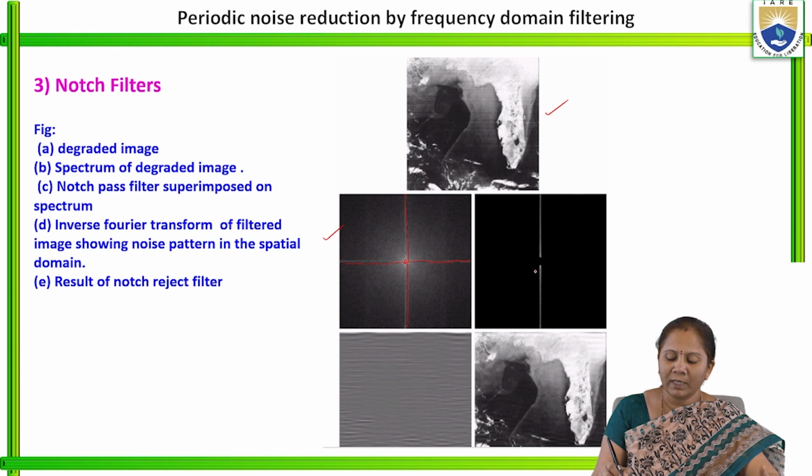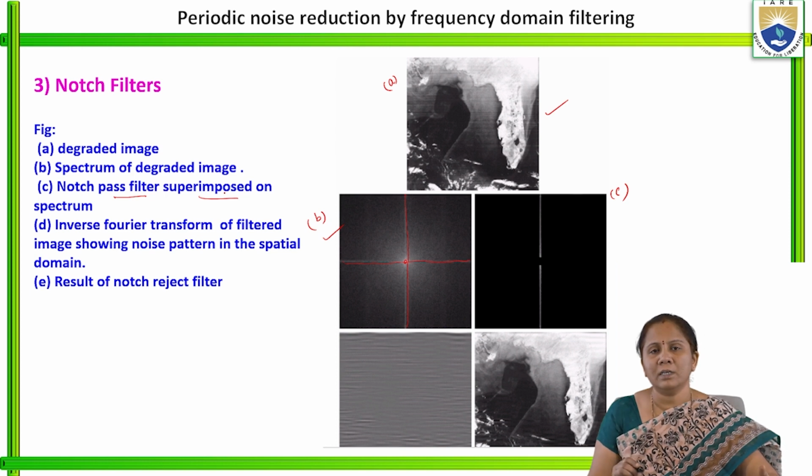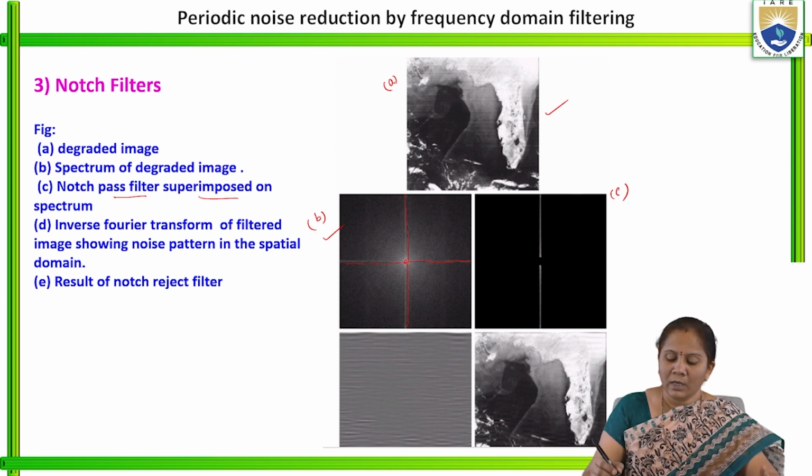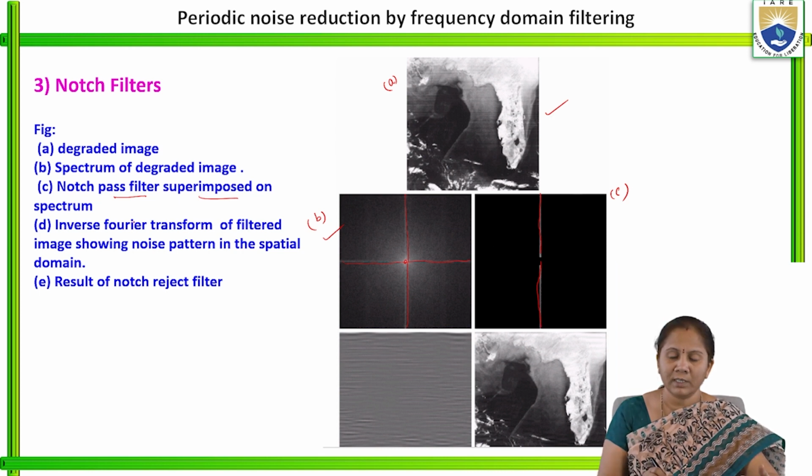In the next figure, after applying the notch pass filter, this is the third one. Here this is image A, the spectrum of the degraded image, and this is C after applying the notch pass filter. We can observe only the vertical line, the noise is observed only vertically after applying the notch pass filter.